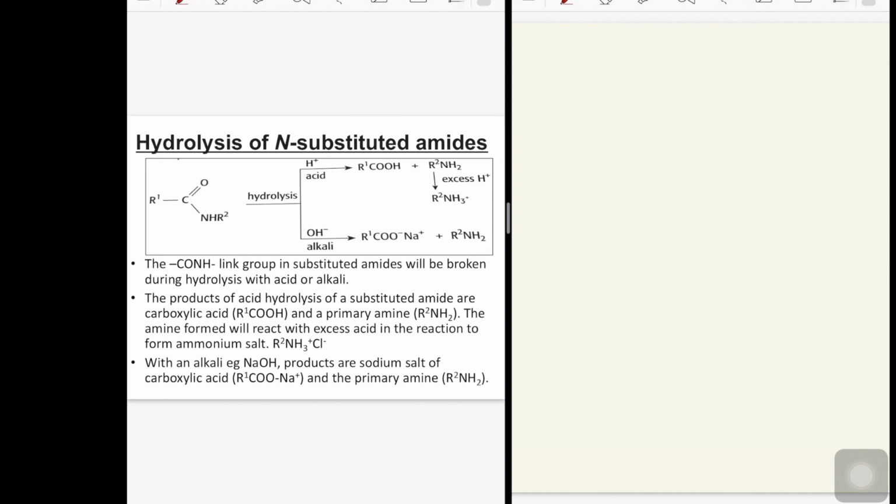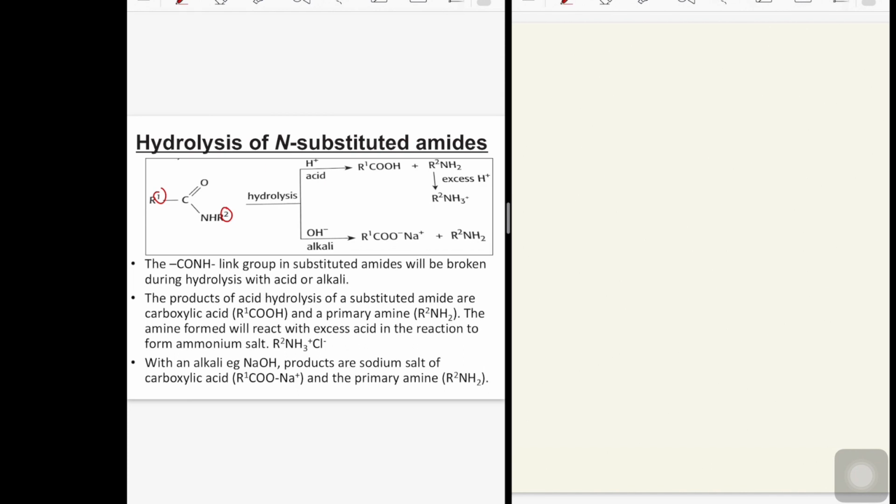The last part is basically the same thing, hydrolysis of an unsubstituted amide, but this time they just want to show that the nitrogen is only attached to one hydrogen and the other hydrogen is substituted by an alkyl group. And this R1, R2, I don't want you to get confused.